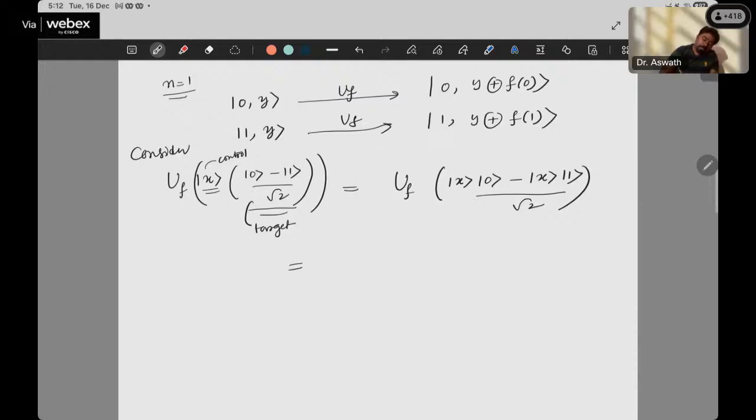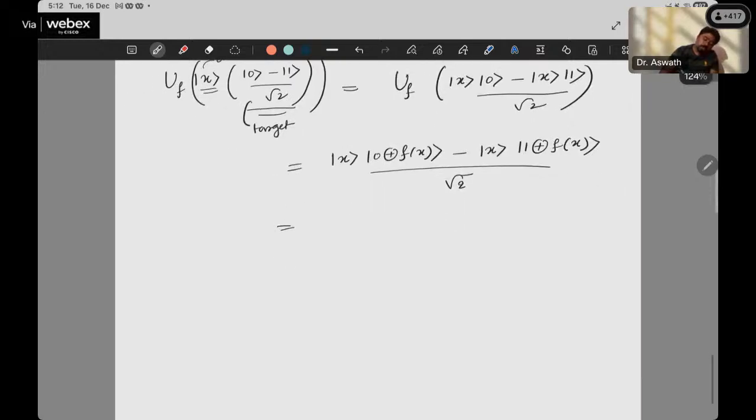Now, what would be the output? x cat 0 plus f of x minus x cat 1 plus f of x divided by square root of 2.